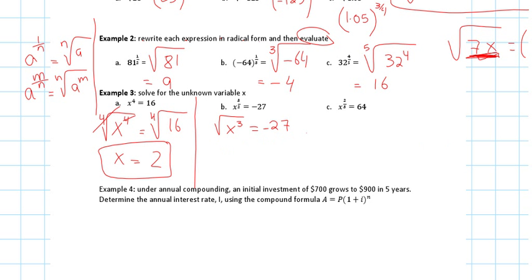So I'm starting to get rid of stuff. So square both sides. This way you can get rid of the square root. Okay. So you have x cubed equals, what's negative 27 squared? 729.